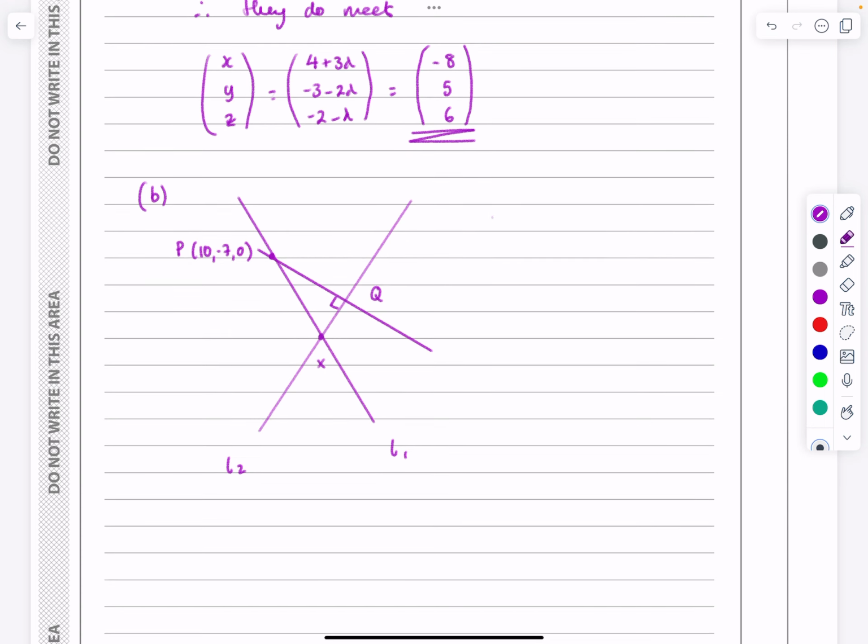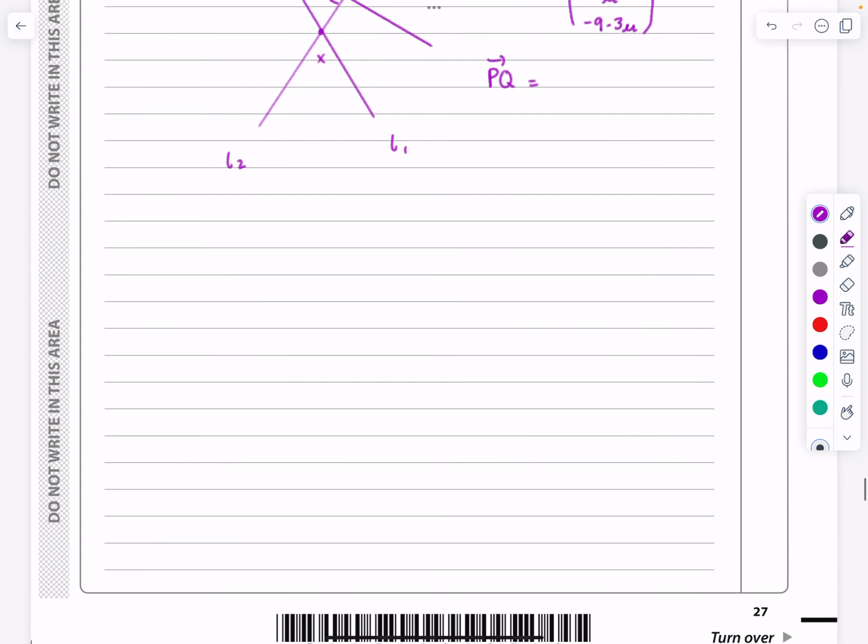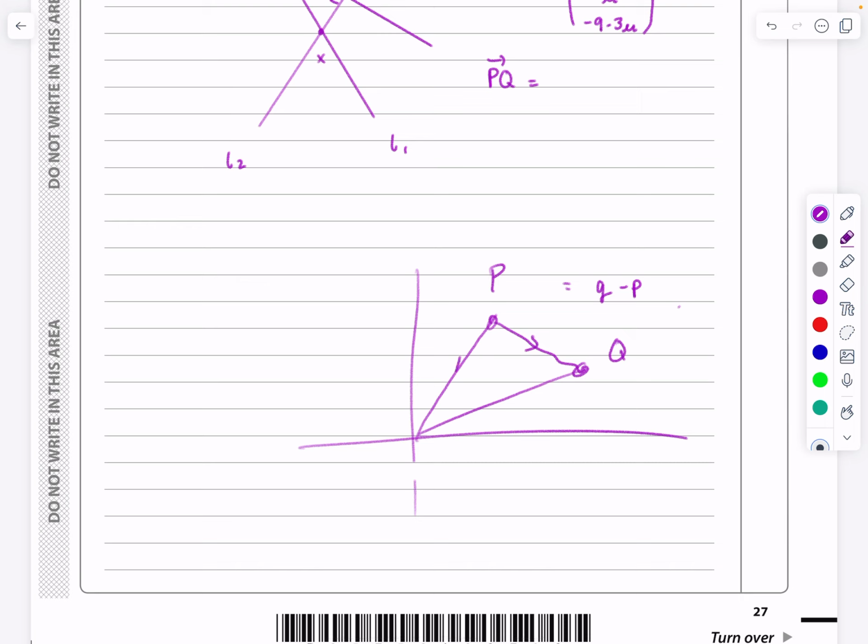So if Q is on L2, then we can say OQ, the position vector of that, is generally given by (2 + 2μ, -μ, -9 - 3μ). Now, if I want PQ, something that I always tell my students is really helpful: if you have P and if you have Q, PQ always works out to be Q minus P. If I want PQ, it's always going to be minus that one plus that one.